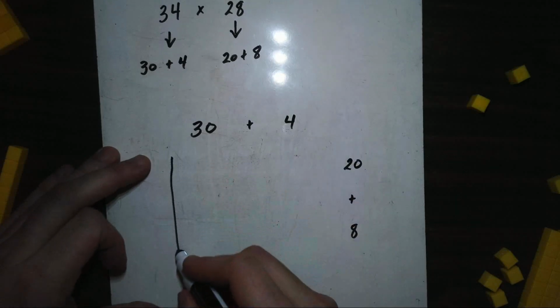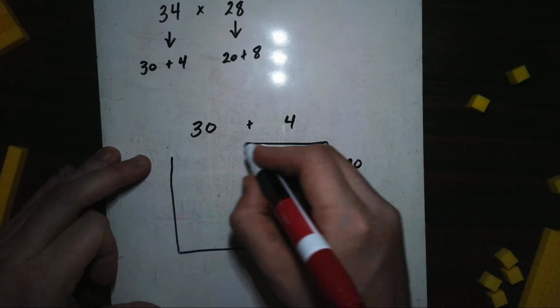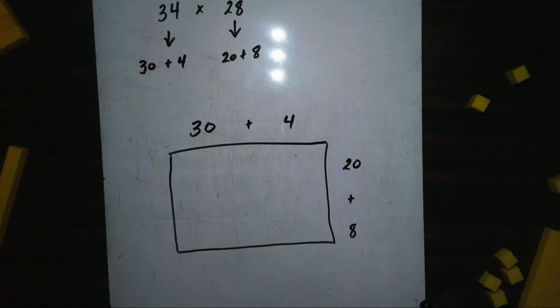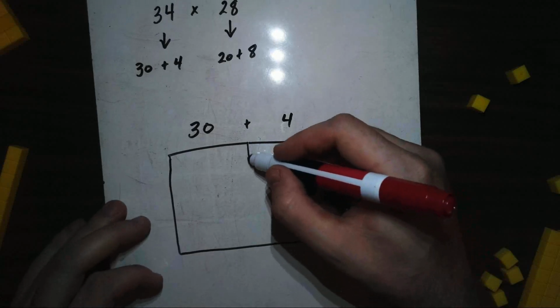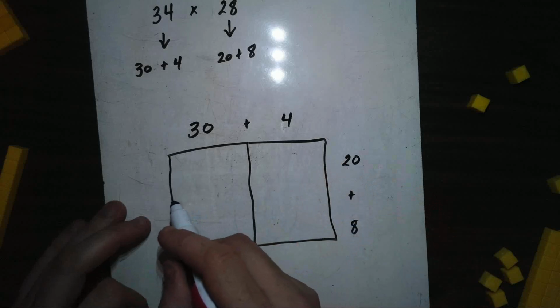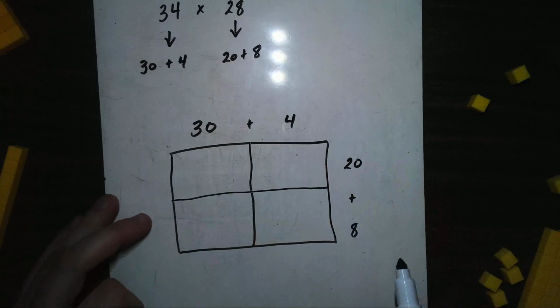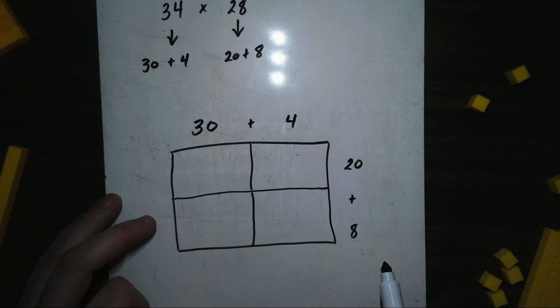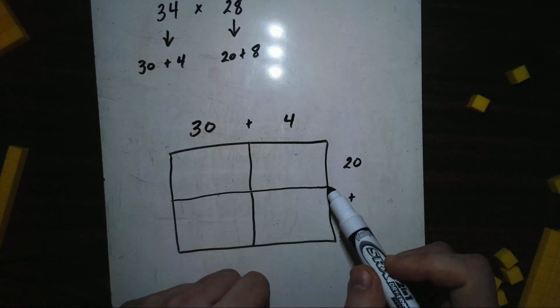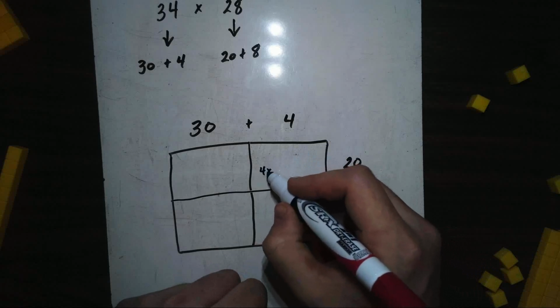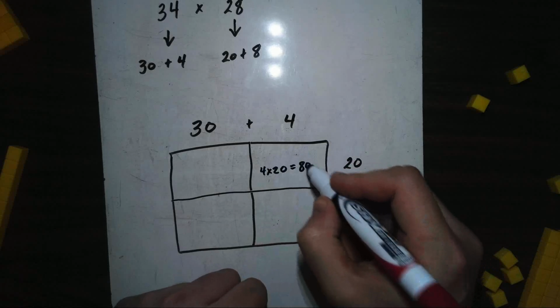I'm going to fill in a box to make it look like an array, just like what we did with our base 10 blocks. And I'm going to split it up where I see the addition signs so that I can see my partial products. So now in this box right here, I have a 4 by 20 array, which is 80.